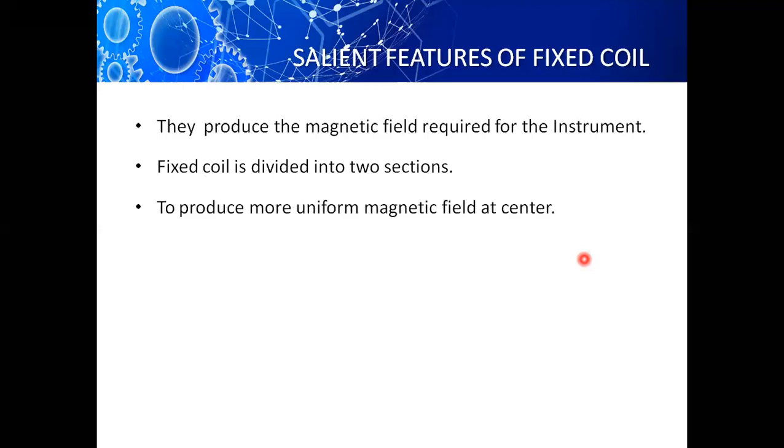To produce a more uniform magnetic field at the center, we have two fixed coils, and the gap between the two fixed coils allows the passage of the instrument shaft.